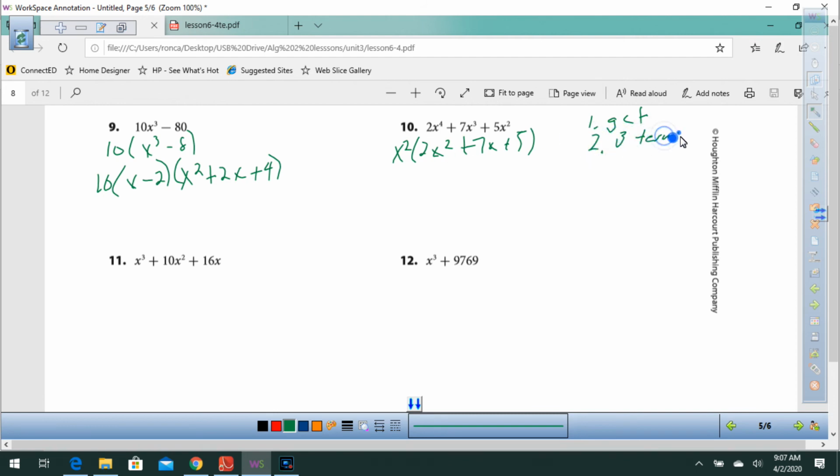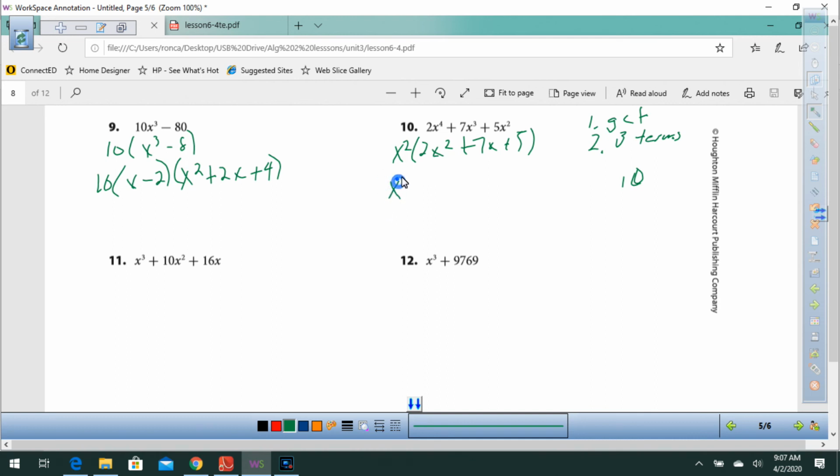3 terms. Okay, 2 times 5 is 10. But you notice this is prime and this is prime. So I'm going to show you how this is going to work.